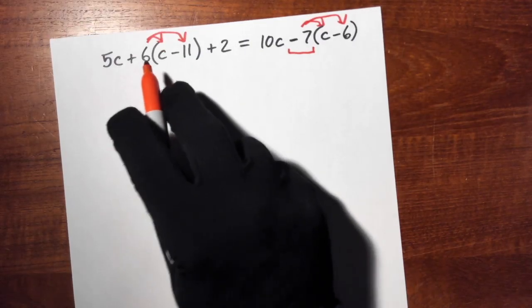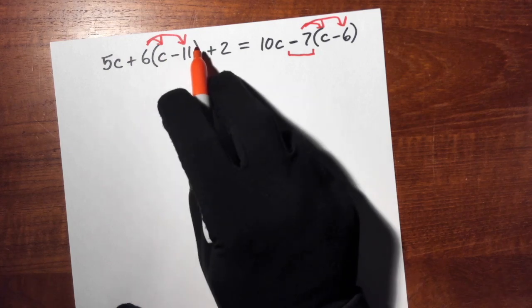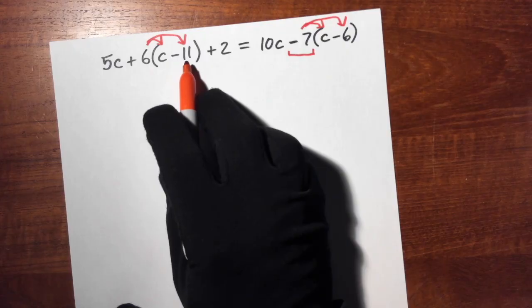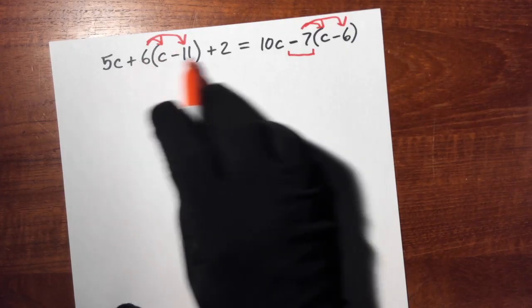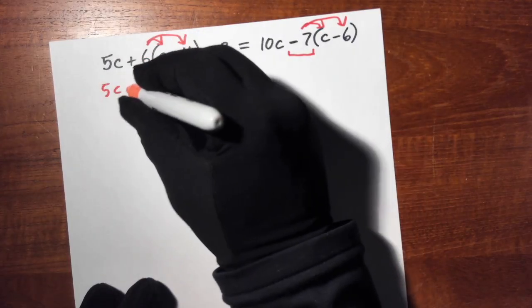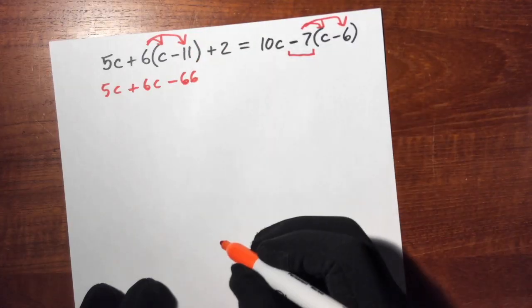So this is saying I've got a bag with a C in it and a minus 11 in it. What if I had 6 of those bags? I would have 6 C's and 6 negative 11s.